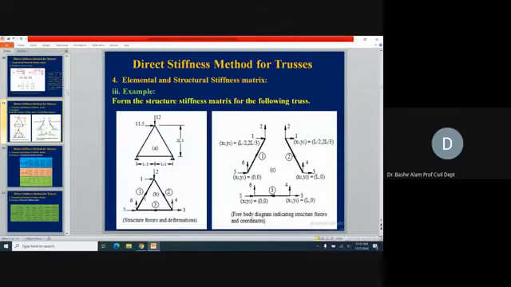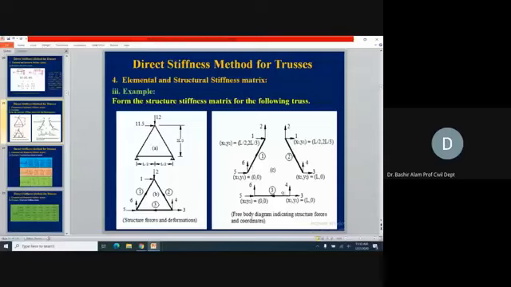Member 1 connectivity is from this bottom left joint to the top. You see this arrow. Member 3 connectivity is from right to left. And member 2 is from the top to the right.